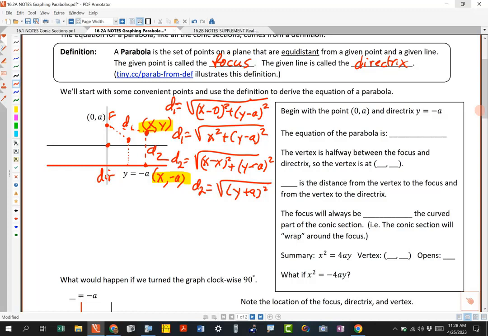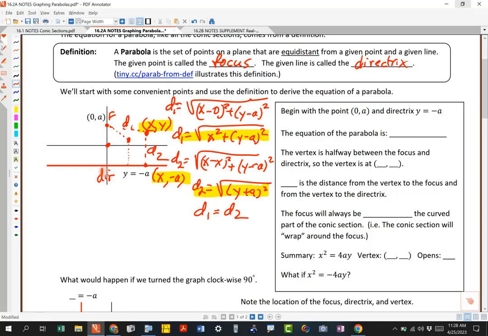So the definition says this. The parabola is the set of points that are equidistant from a given point called the focus and a given line called the directrix. We've got the two distances. Now we just need to set them equal to each other. So we're going to do D1 is equal to D2. This has to be equal to that.